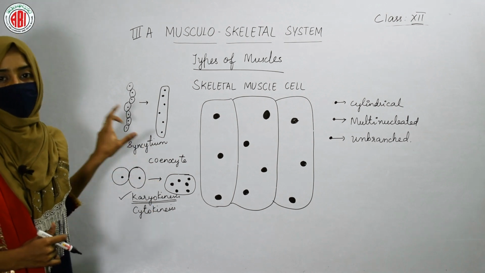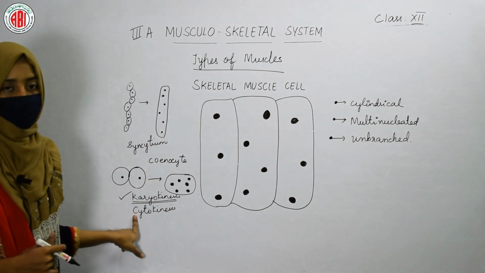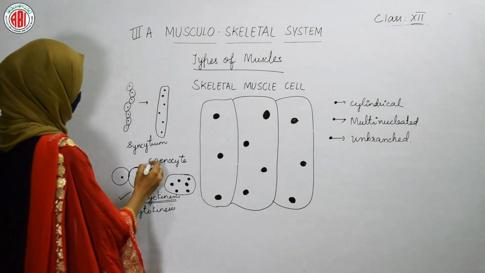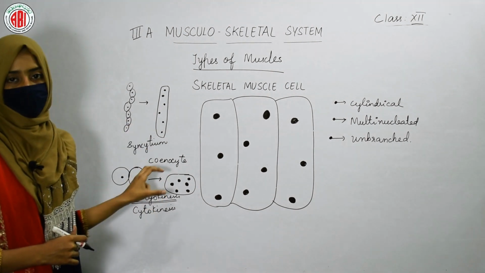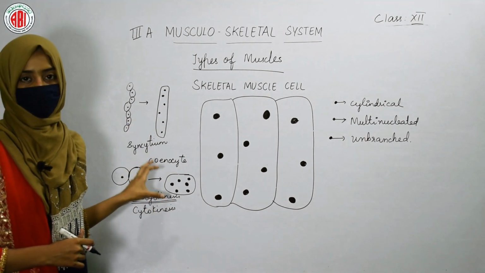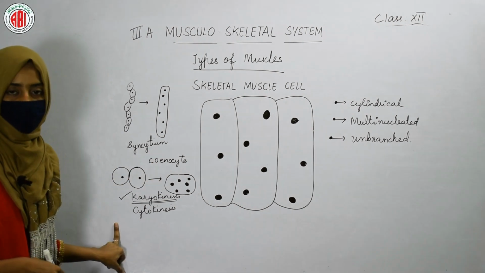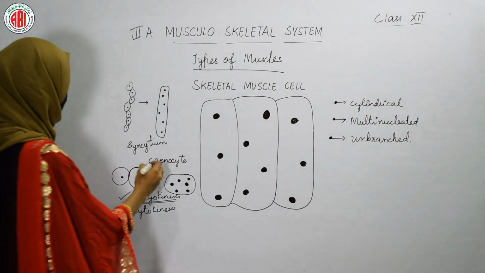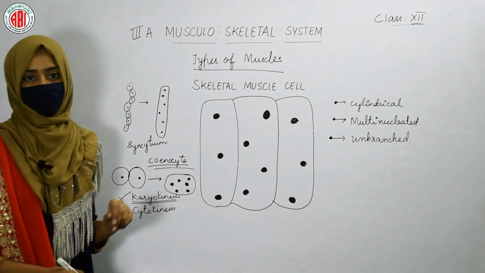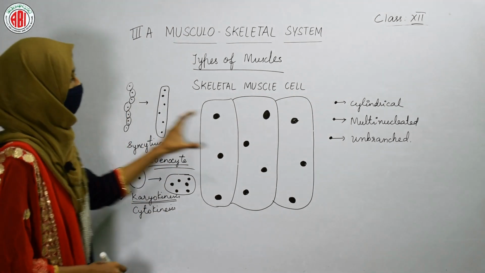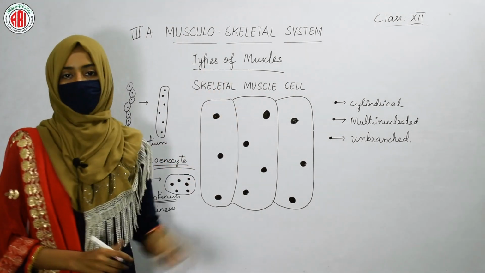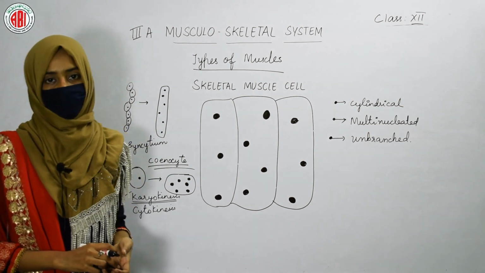Cytokinesis means the division of the cell. The cell won't get divided. Only the nucleus gets divided to form a multinucleated skeletal muscle cell. So this process is called cenocyte. So skeletal muscle cells are cylindrical in shape, multinucleated and unbranched.